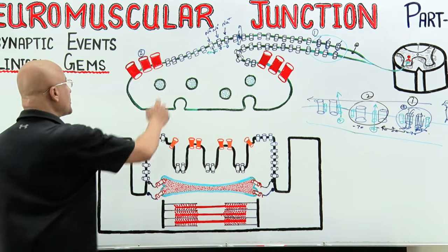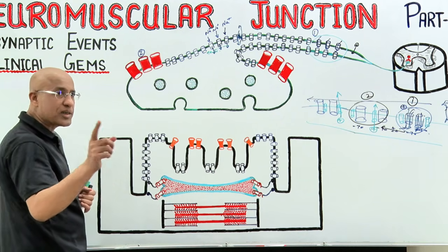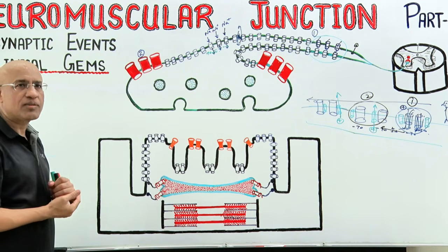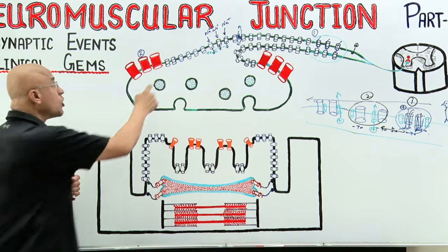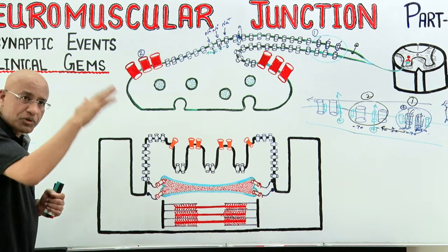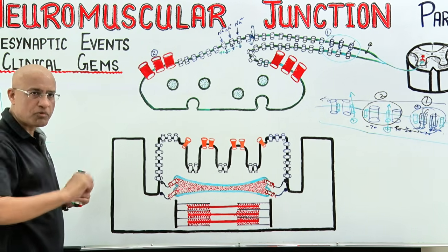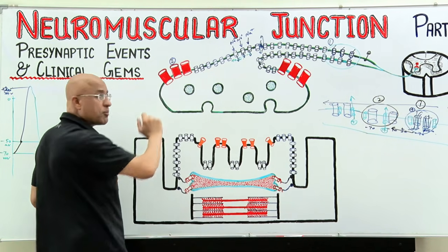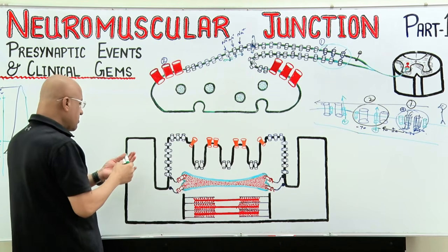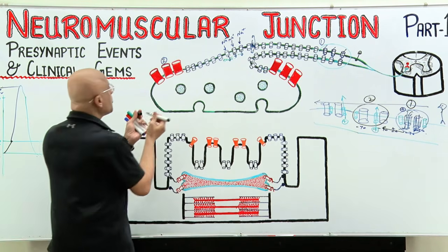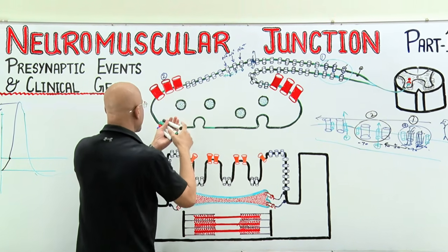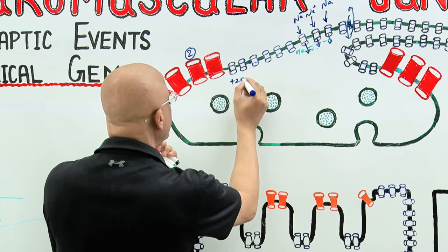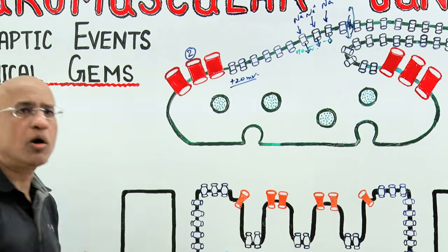So once the action potential comes here, it is worth repeating: once I say action potential arrives at the terminal button, what has arrived? A wave of sodium influx has arrived here. Of course, it will be followed by a wave of potassium efflux. Once the wave of sodium influx or wave of depolarization comes here, the membrane, when depolarized due to sodium influx, will become plus 20 millivolt or plus 10 millivolt or even 0.